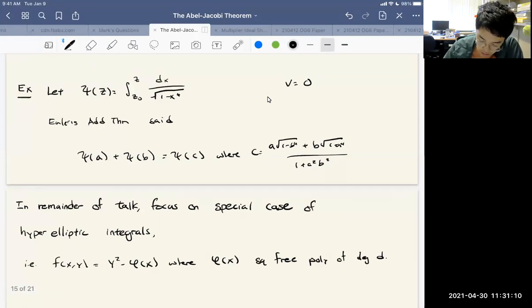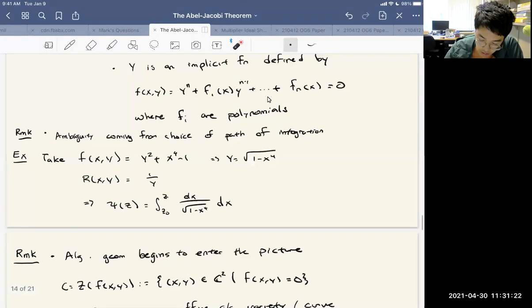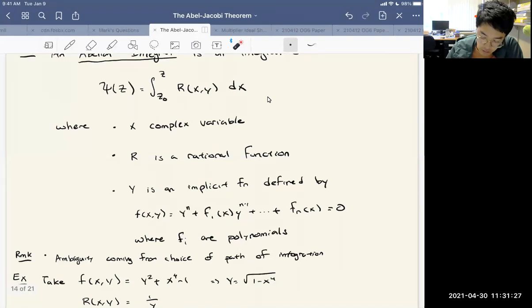So in particular, it means no multiple roots. Just to remind you, this f of x, y is the thing that's appearing in the definition of this abelian integral.